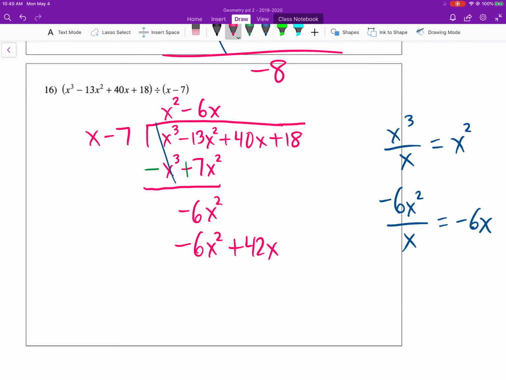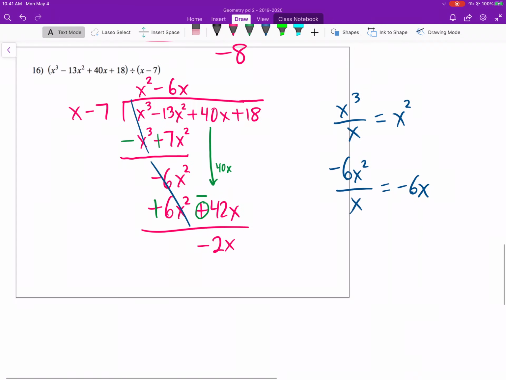Negative times negative is a positive. 7 times 6 is 42. Alright, now subtract. Change the signs. This is now positive, and this is now negative. And we have to bring down the 40x. First terms cancel. We're left with 40x minus 42x, which is -2x.